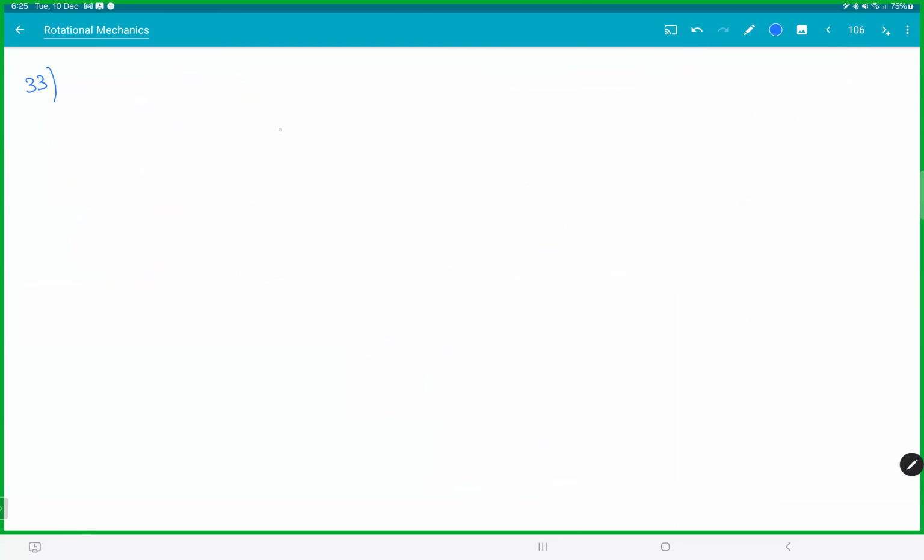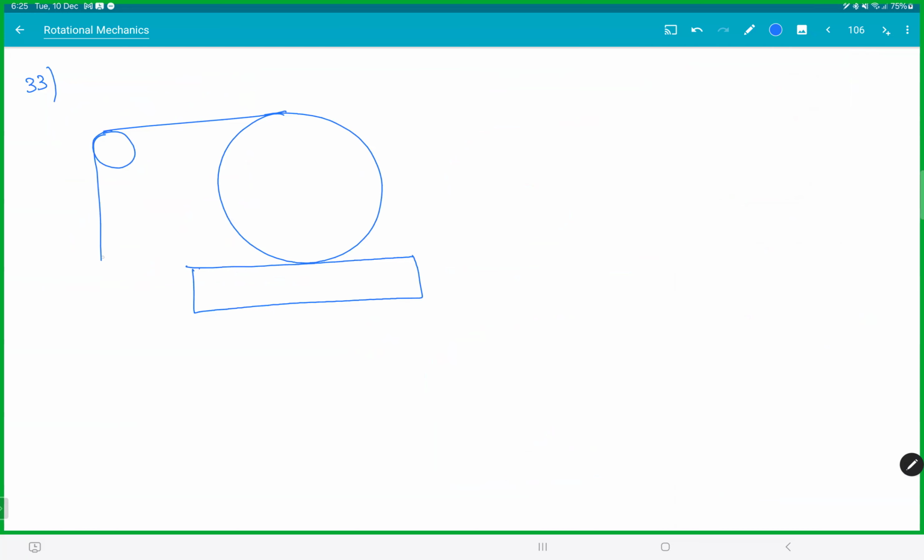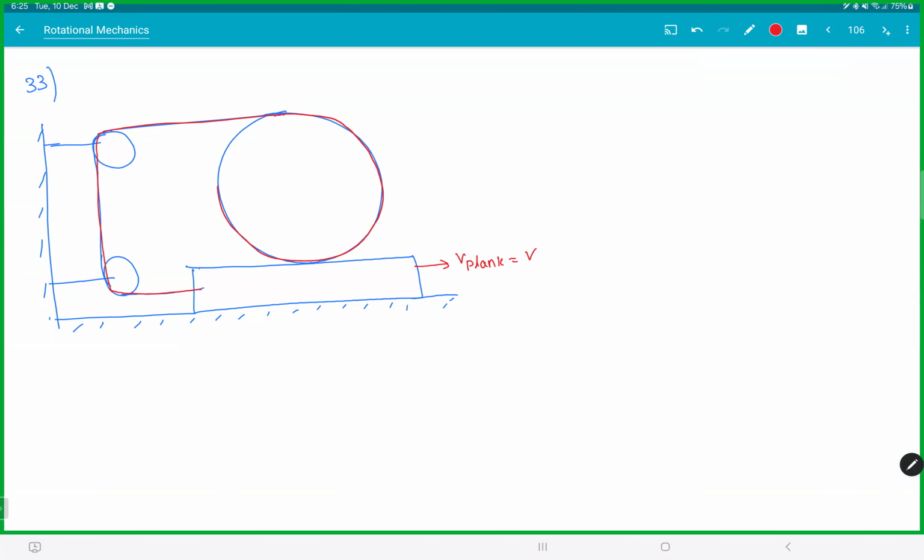Let's see one more like this. We have a cylinder. Plank is going with V. So basically, this is a string which is wrapped around the cylinder.